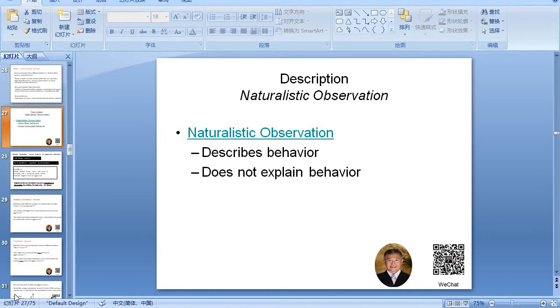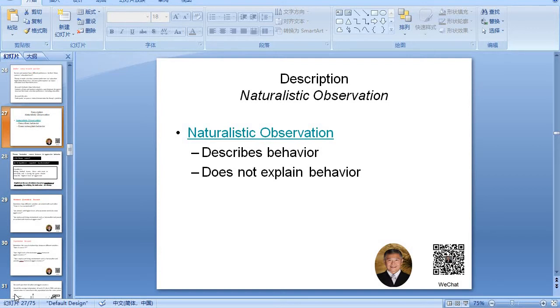Another kind of research methodology, which is also descriptive, we discussed, was survey research. Survey research, in a sense, is almost the opposite to case studies. We can study many people at the same time with surveys.